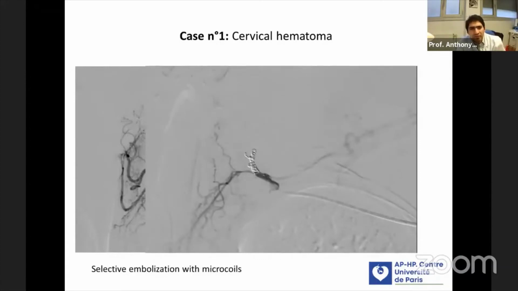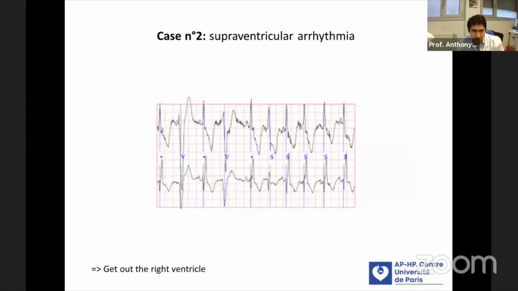And as this is a rich anastomotic region, there is no risk of ischemic complication in this case. So when you have a non-compressible arterial injury, you will most of the time have to do a selective embolization.